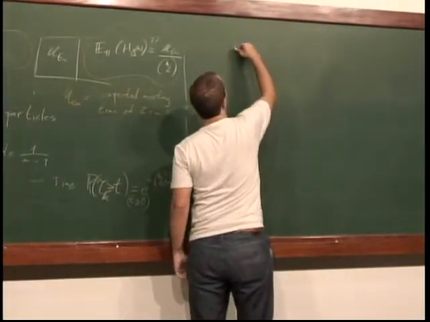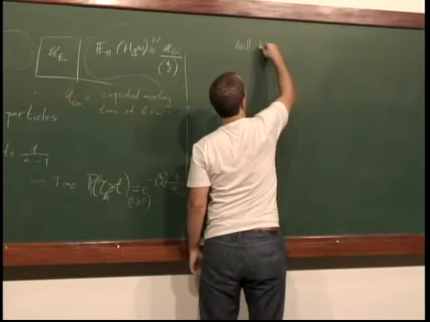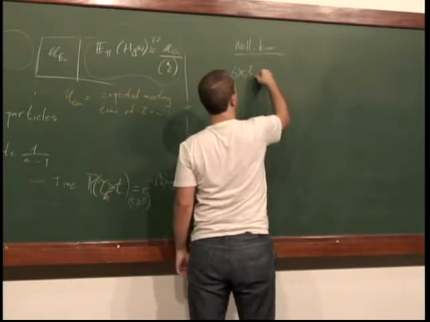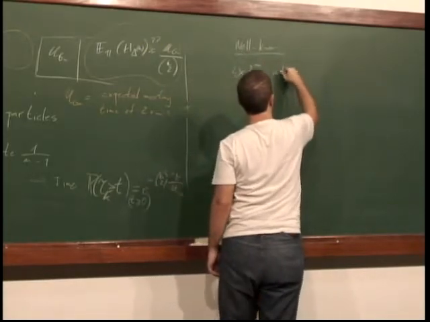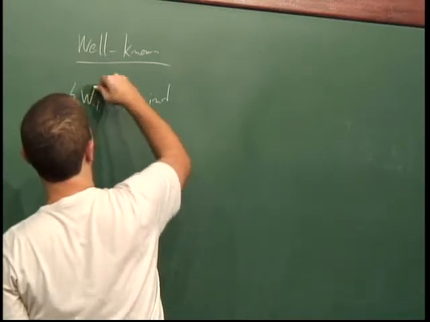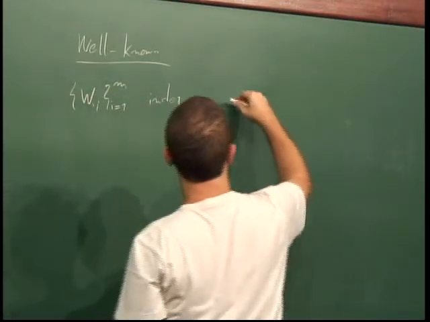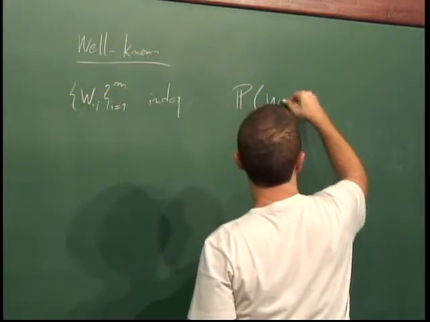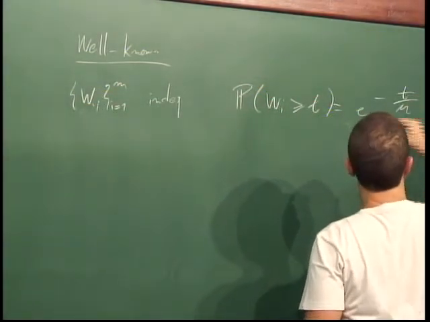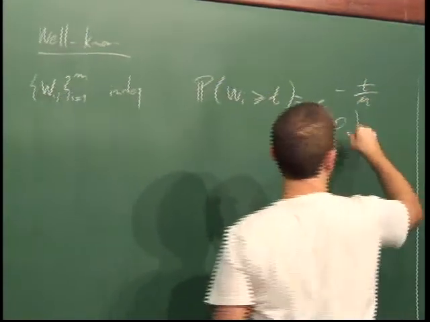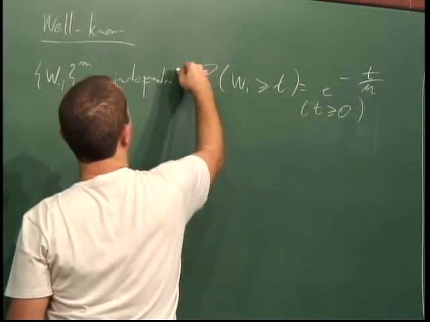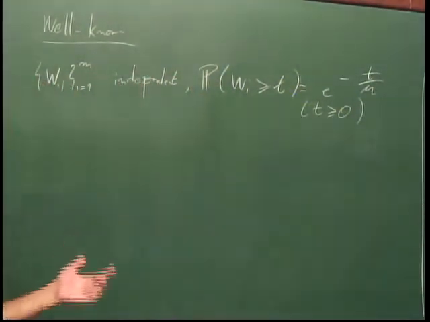Here's a well-known, very basic result. Let's say you have independent random variables w_i, each one of them exponential with mean mu, so IID exponential with mean mu.